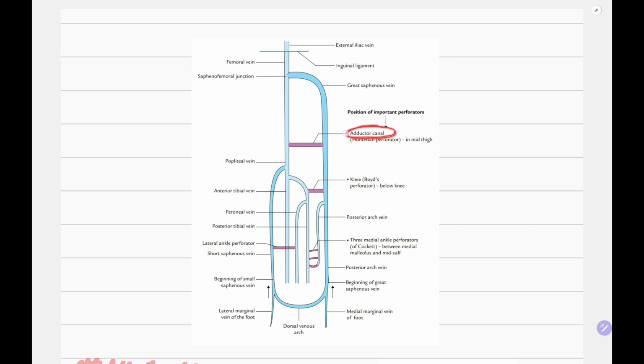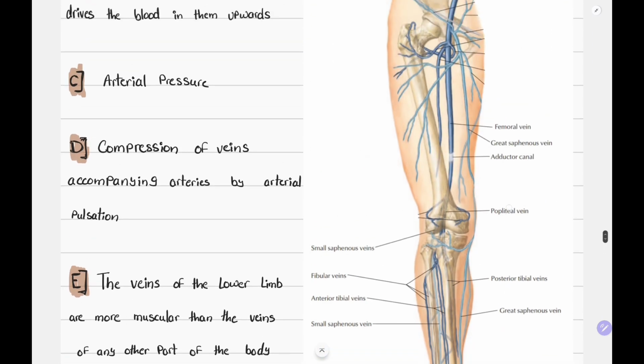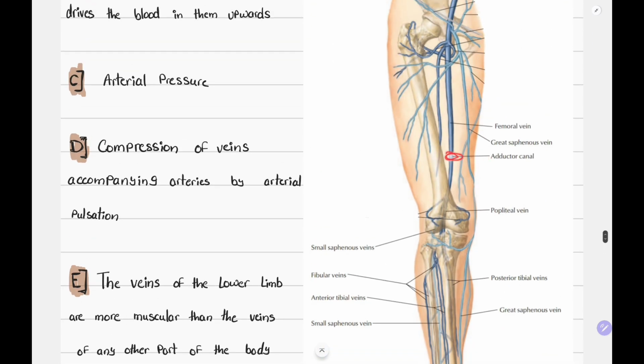This is the point where our first important perforator vein lies, also known as the Hunterian perforator, named after a great anatomist who discovered and briefly explained it. This perforator vein lies in the mid thigh, at the level of the adductor canal, and connects the great saphenous vein with the femoral vein.